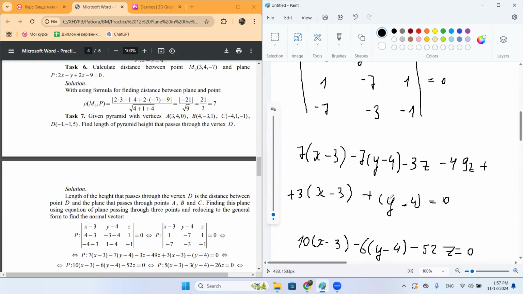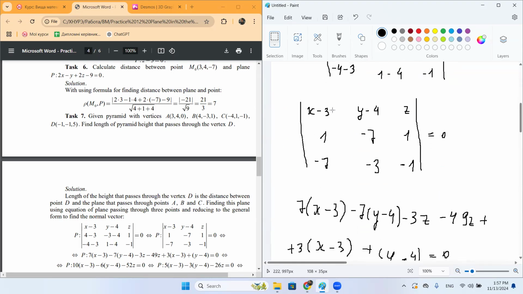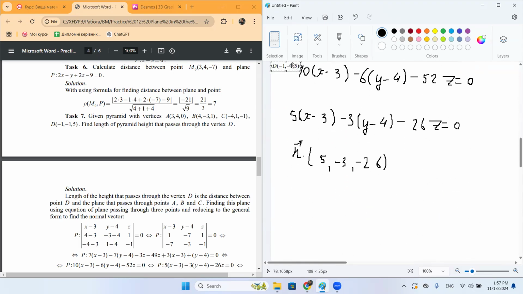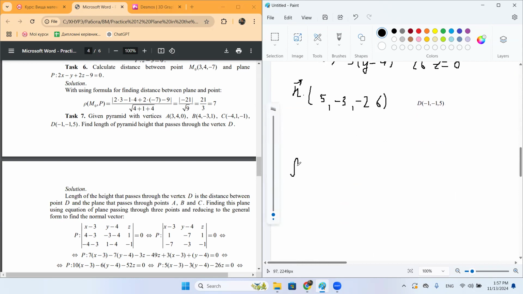So that's enough. And the coordinates of the point D. So that's all we need. We don't need anything more. So finding the distance between D and P.